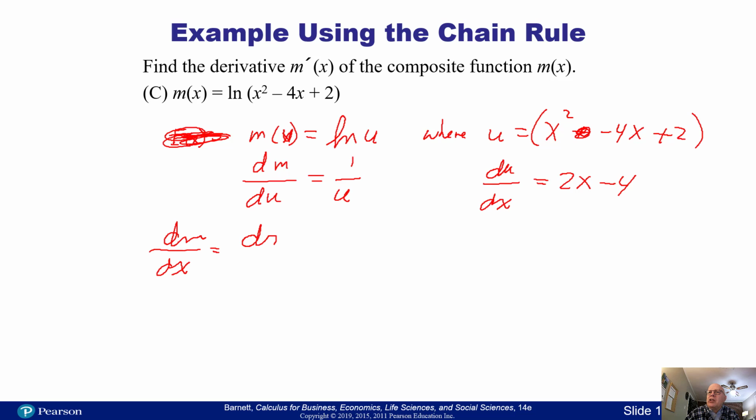So we take dm du, multiply that by du dx. What do we have? dm du is 1 over u. du dx is 2x minus 4.